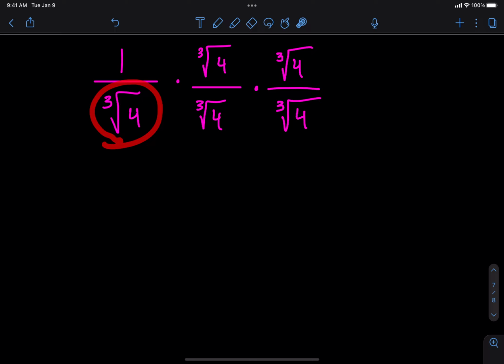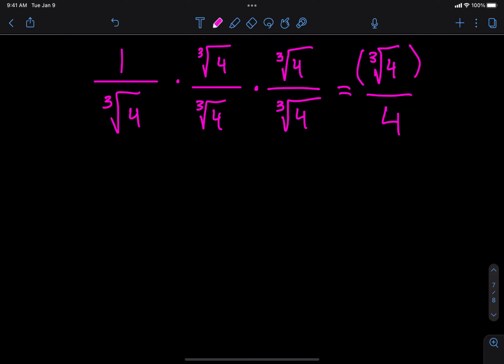The only way that you can undo a cube root is by cubing. So if I have 3 cube roots, all of the same type, being multiplied together, then what do I get? In the denominator, I just get 4. And in the top, what do I get? I get the cube root of 4 squared. Or if you want, the cube root of 4 quantity squared. Both are okay. Does that answer your question?